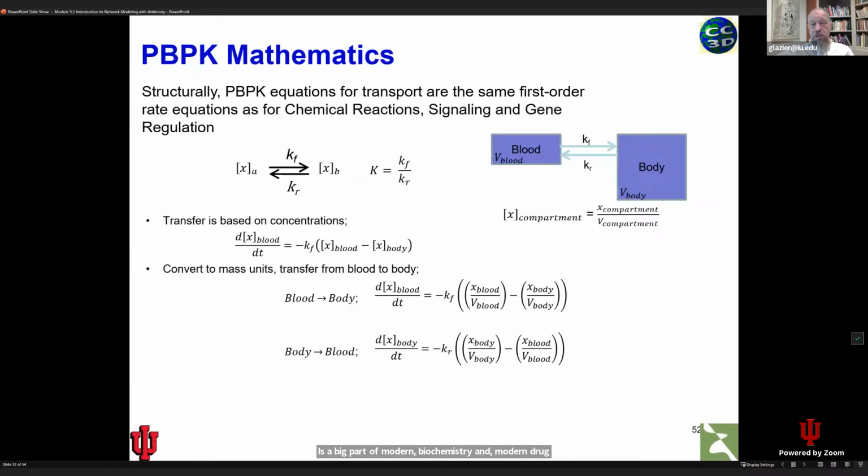Mathematically, transport is pretty straightforward. It's always linear, almost always linear at moderate concentrations. You have what's called Fick's law across the boundary. You have a forward rate that's proportional to concentration in one compartment, and a backward rate proportional to concentration in the other. The big thing about dealing with compartments is that typically you're converting between concentration and amounts a lot.